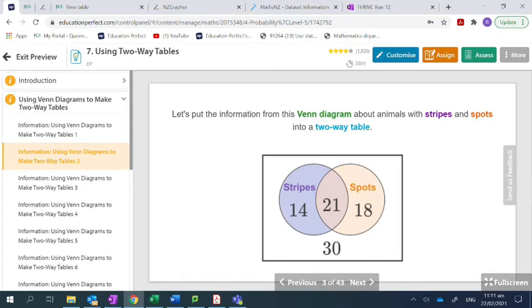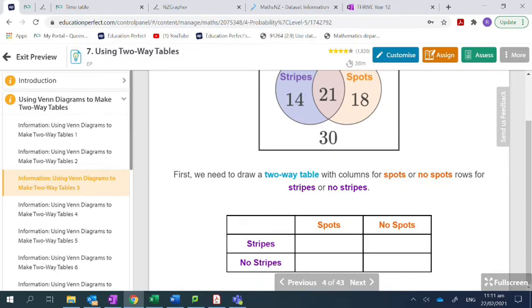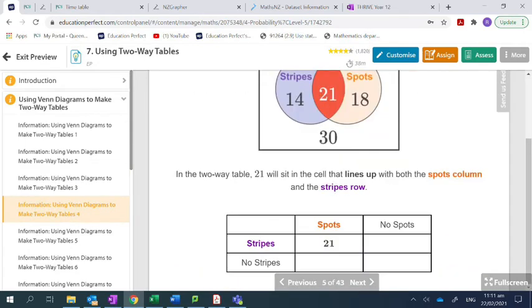So we have ours on the board. Let's just walk through this so we can see that we did it and got kind of the same thing. So there you go. What's missing on there is that I am not happy about. Totals. You do not draw a two-way table without totals. Okay? All right. So there they go. Looking at the information, they start filling it in.